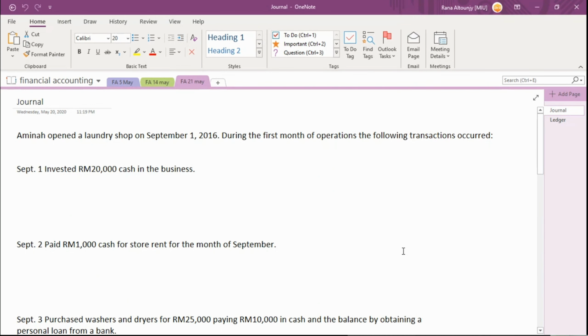If you remember, Amina opened a laundry shop on September 1st, 2016. During the first month of operation, the following transaction occurred. First transaction, she invested 20,000 ringgit cash in the business.